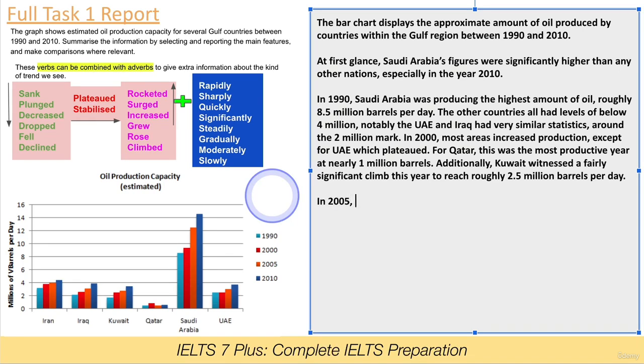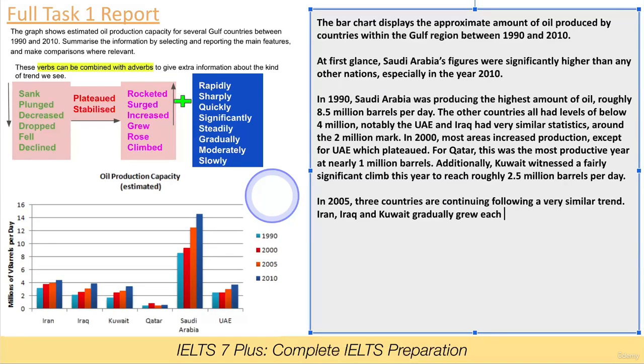So in 2005, 3 countries are continuing following a very similar trend. Iran, Iraq, and Kuwait. Gradually, very gradually, grew each year.